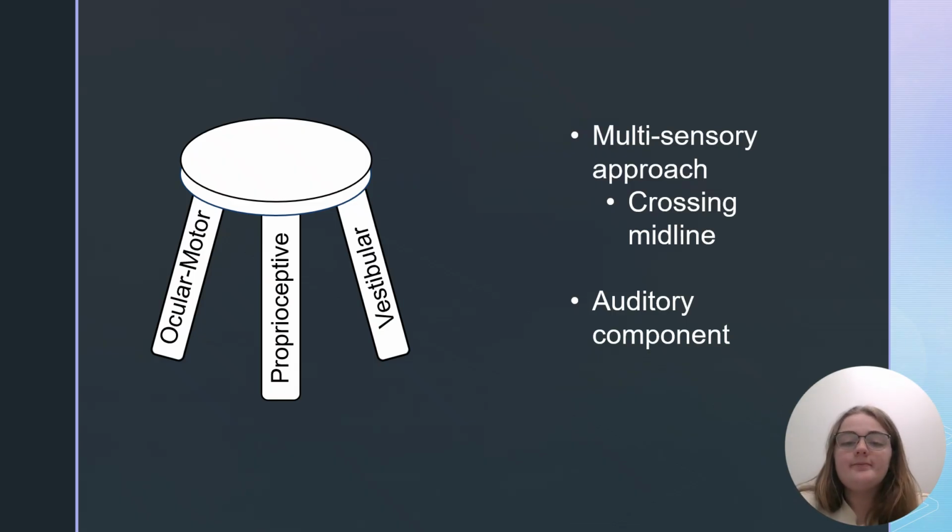And then this gets into a multisensory approach, so you can start implementing other sensory systems with the visual system. The big ones that we're going to work with are the proprioceptive and the vestibular systems. So add a balance challenge, a movement challenge to that activity.